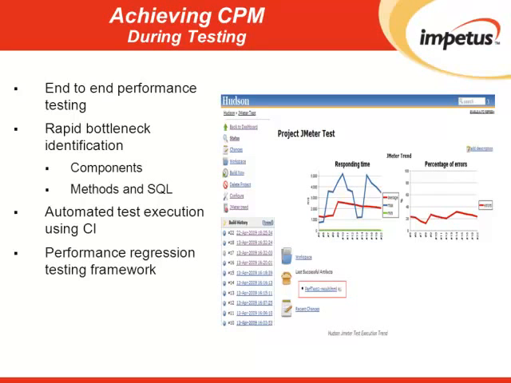Testing is an important phase in the entire SDLC. This is the phase where the system is ready and integration testing starts. This phase marks the beginning of end-to-end testing where all the underlying components and tiers of the application are exercised and measured for performance.